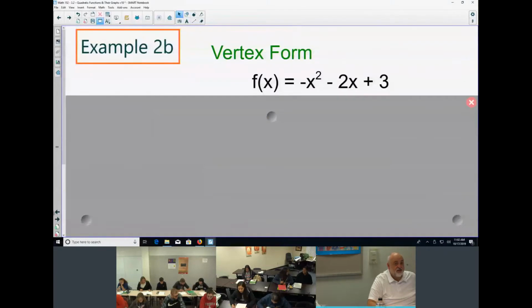Okay, so today we are working on section 3.2. We were talking about vertex form of a function, and then we were going to talk about maximums and minimums. Now, here's the deal.